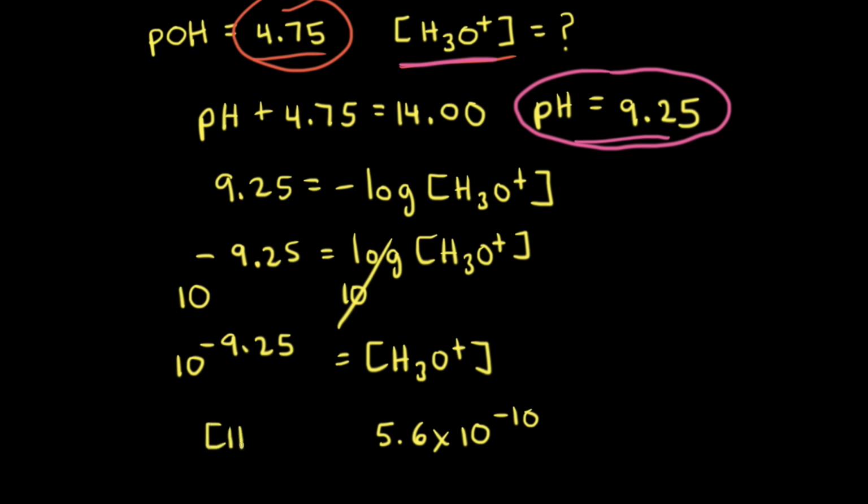So the concentration of hydronium ions in our solution at 25 degrees Celsius is equal to 5.6 times 10 to the negative 10th molar. Also notice that because we had 2 decimal places for our pH, we have the concentration of hydronium ions to 2 significant figures.